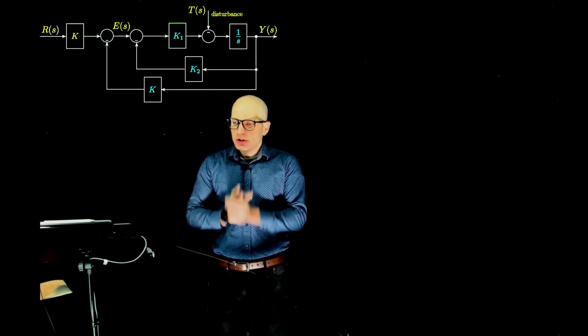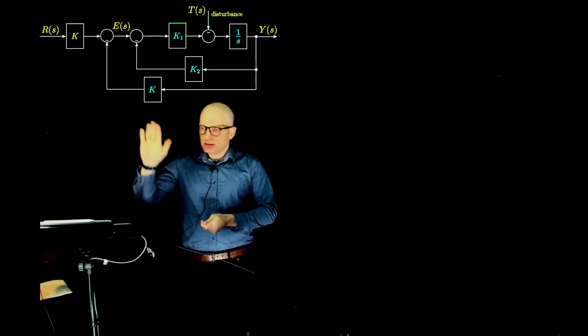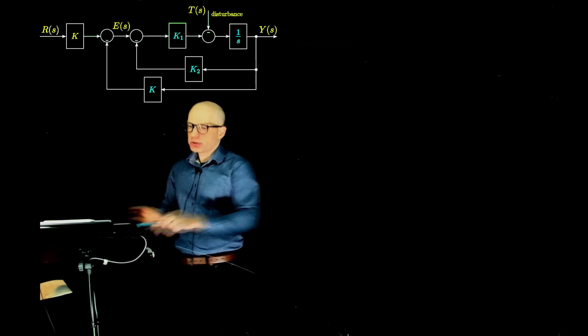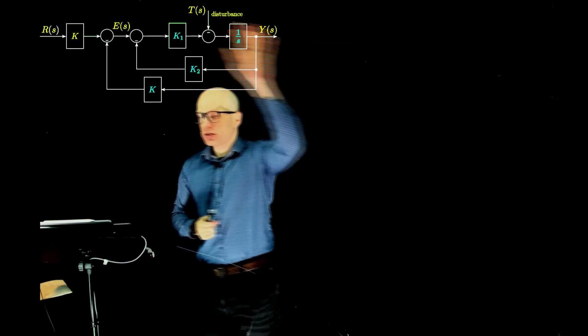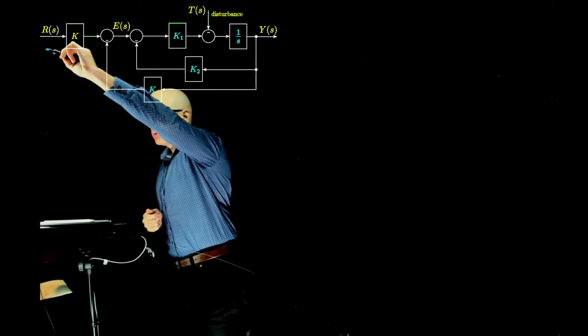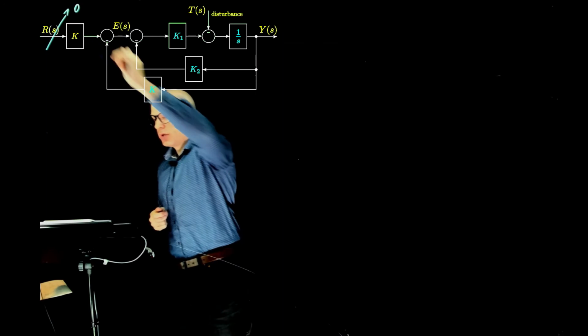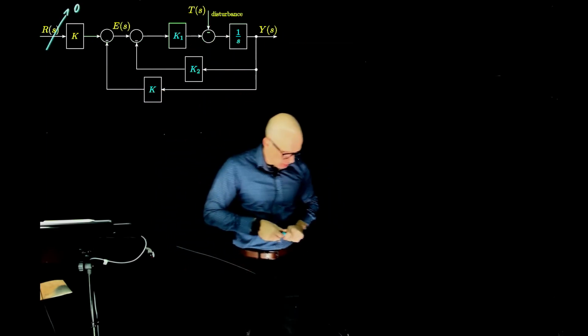So if the disturbance is what we are trying to evaluate, then we need to set everything else, all other inputs, to 0, and then find the appropriate transfer function between the disturbance and the output. We can set this to 0 now and see how the disturbance affects the output directly.